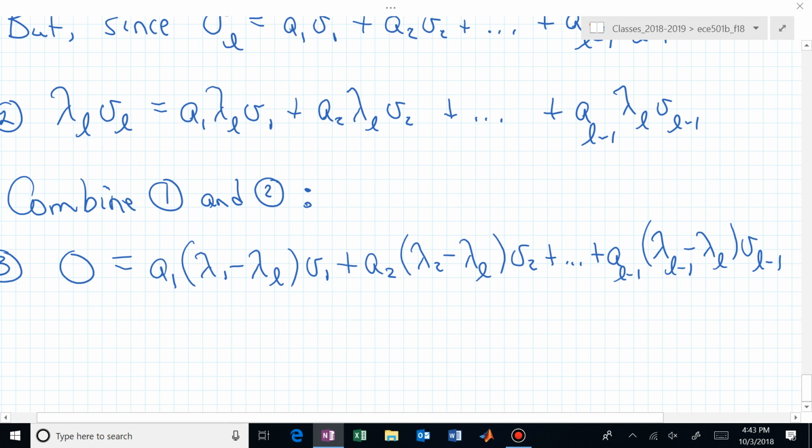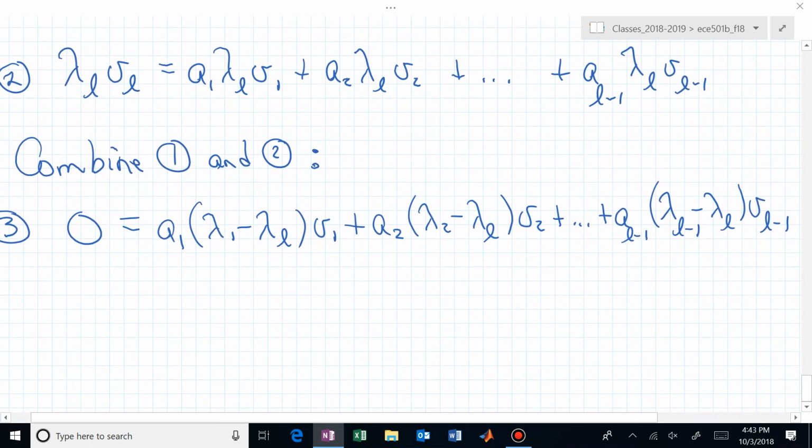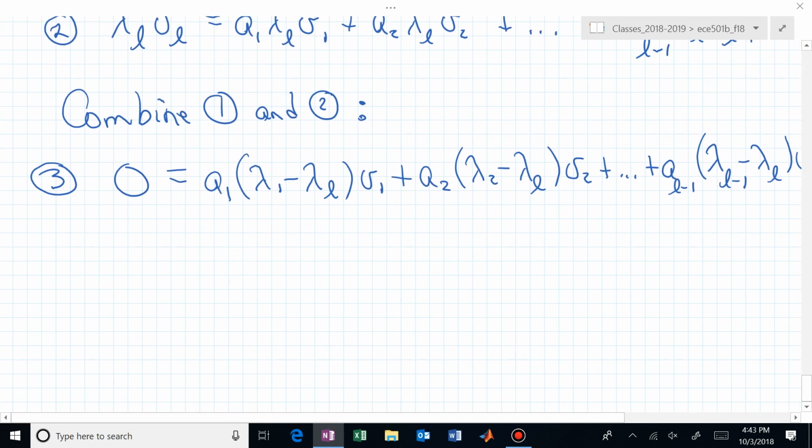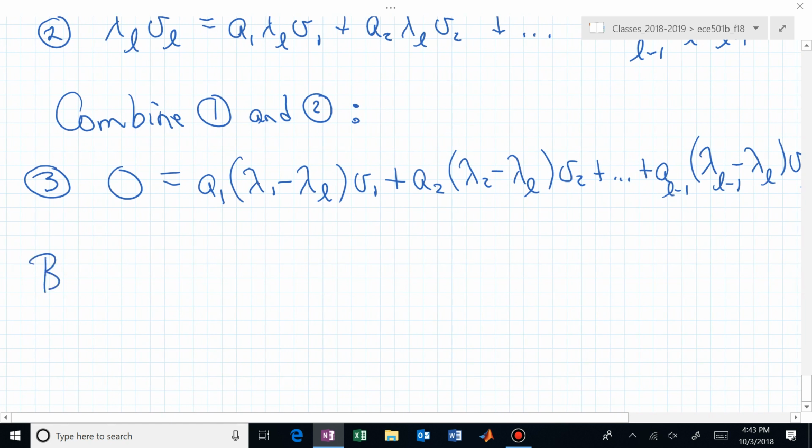Now, so what? That just looks like an ugly mess. But remember what we said about how we defined V sub L. That vector V sub L was the first, by definition. That's how we labeled all of these vectors.